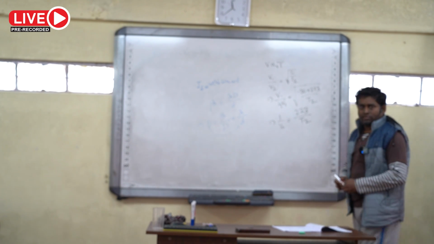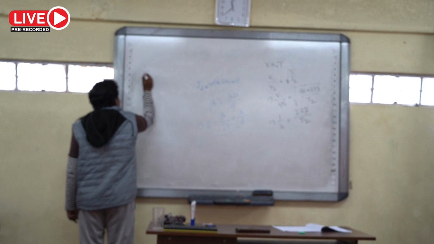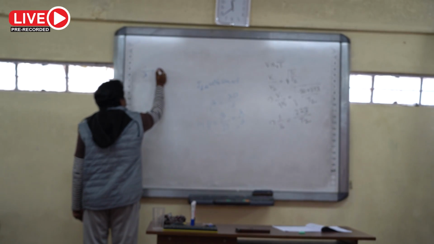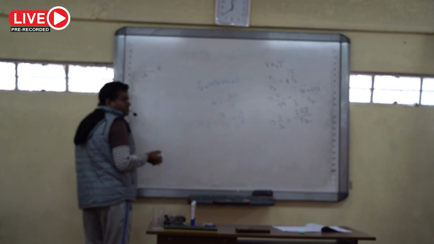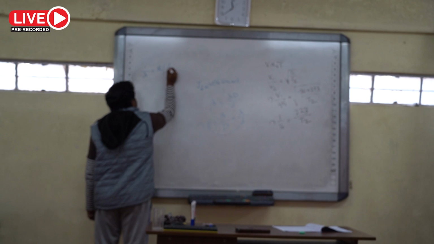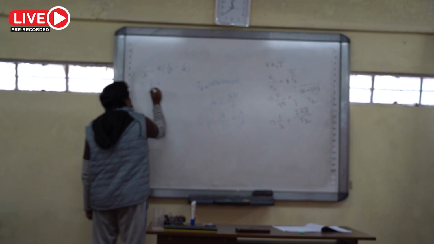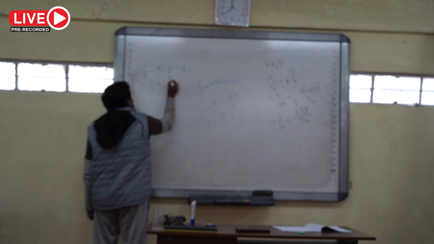So for the Balmer series, 1 by lambda equals Rydberg constant R into Z square, for hydrogen it is 1. Balmer series starts from 2, so it is 1 by 2 square minus 1 by infinity. So 1 by lambda equals R by 4.